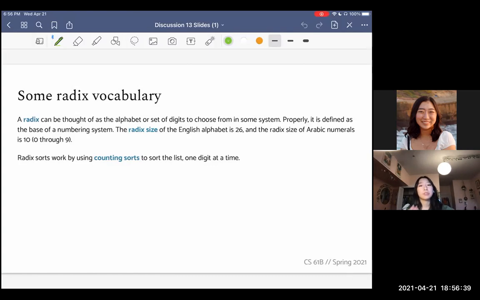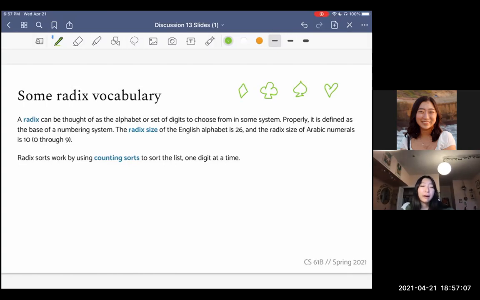And so both the alphabet and numbers and other things, like maybe, let's say, a card suit, where you have diamonds, clubs, spades, and hearts, that's also a radix with a radix size of 4. So there are plenty of ways that we can define a radix, or I guess examples of radixes, whatever the plural is.